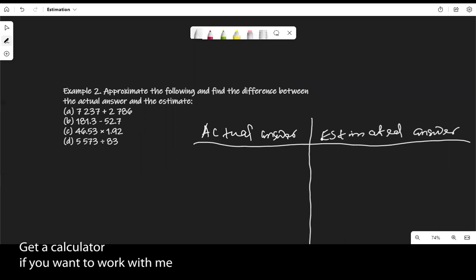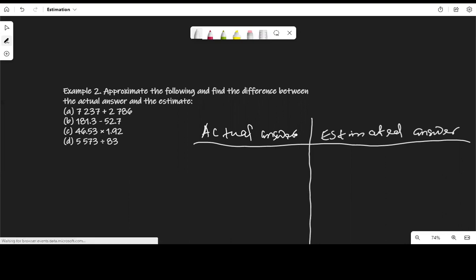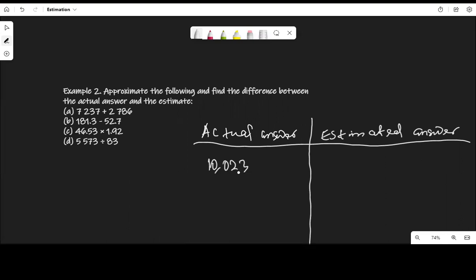I don't think my screen recorder is picking up the calculator. So if you have a calculator with you, you can use it to do the calculation for the actual answer, then the estimated answer. So that gives us 10,023 for the actual answer.